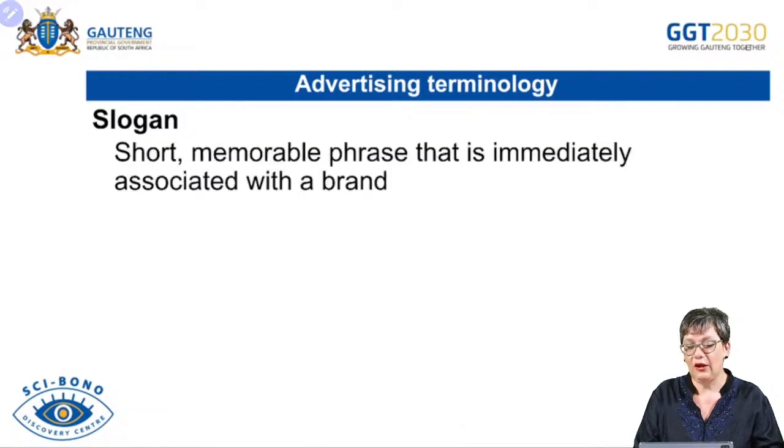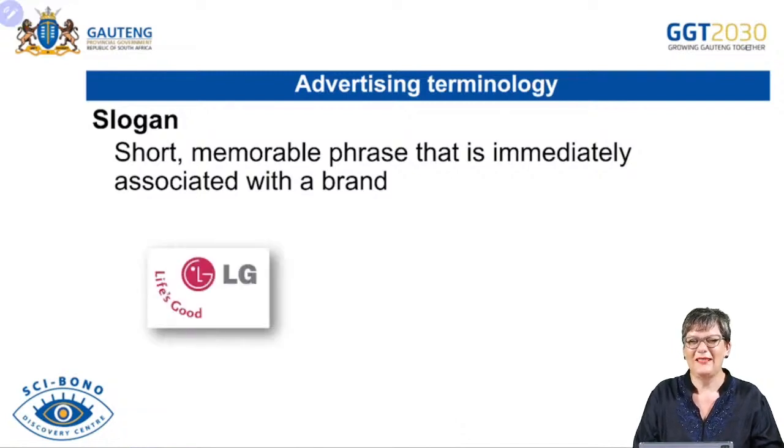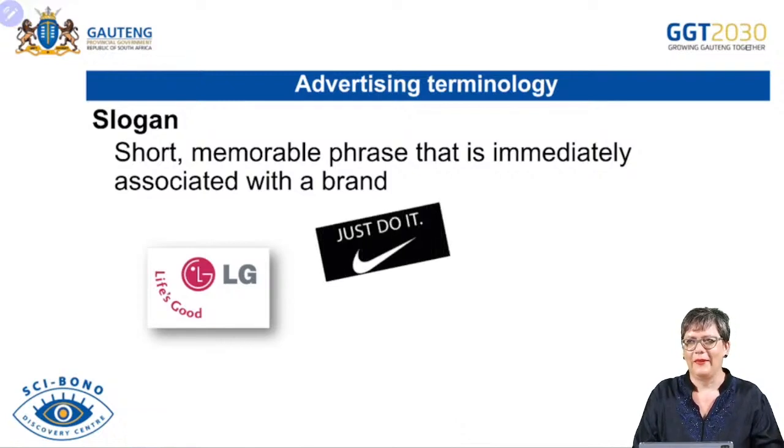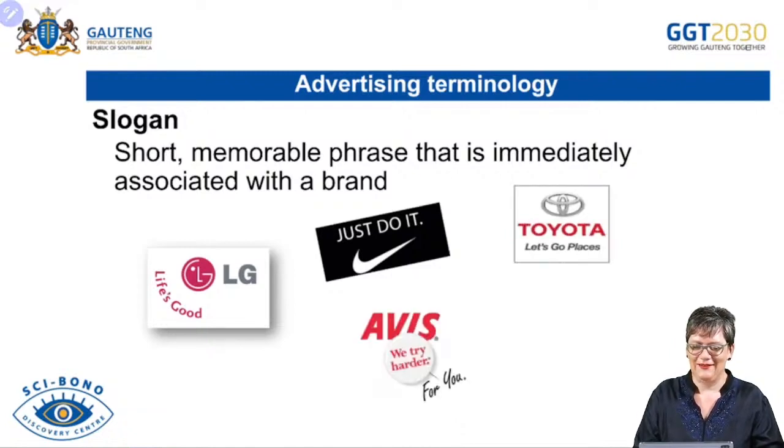Now the slogan is that phrase. That's the one that always gets stuck in your head. And it's stuck with regard to a brand. For LG, you've got Life's Good. Or Nike's Just Do It. And you even have Toyota, Let's Go Places. Avis, We Try Harder For You.